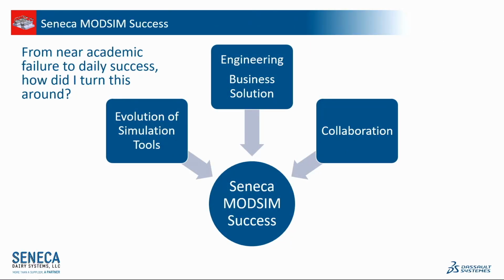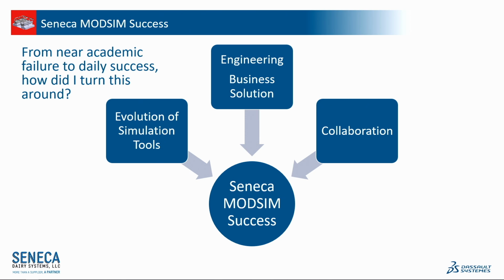Okay, so how did Seneca as a company become successful using modeling and simulation? And since it's a small room, I'll admit I nearly failed my FEA class in college. It was my spring semester, my senior year, and I had a lot of other things on my mind.